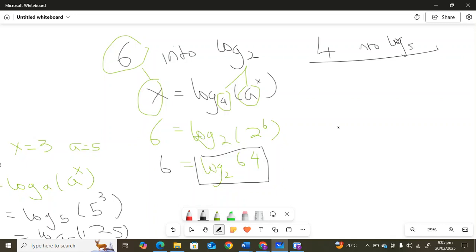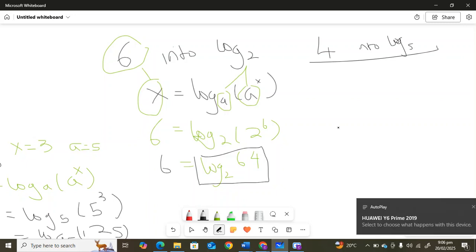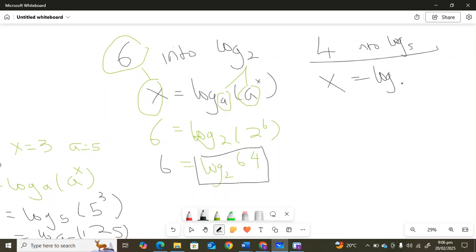We're into log base 5. 5 to the power 4. Yes, 625.